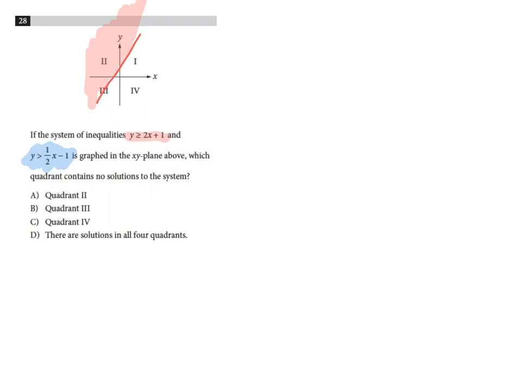So we are going to have something like this, maybe very shallow. Oops, that should have been dotted, so let's try that again. And we are shading above.